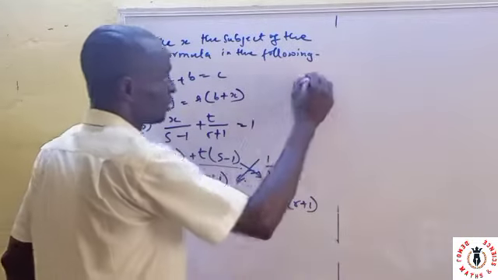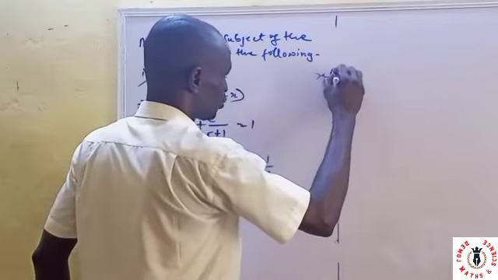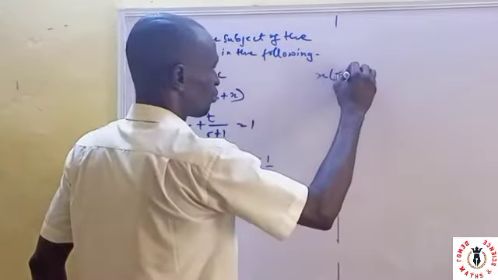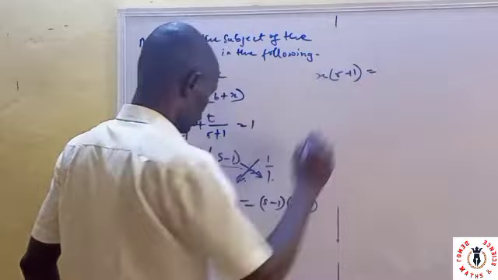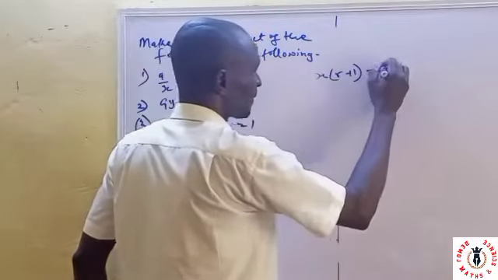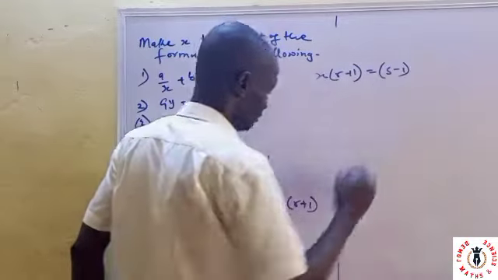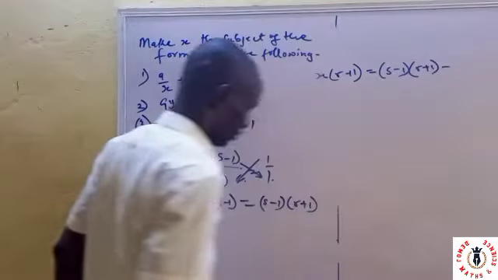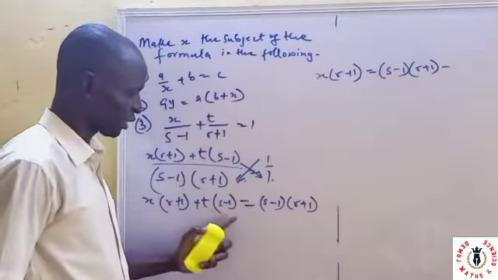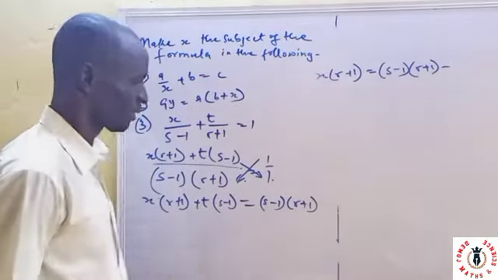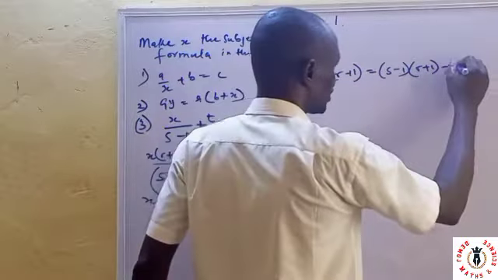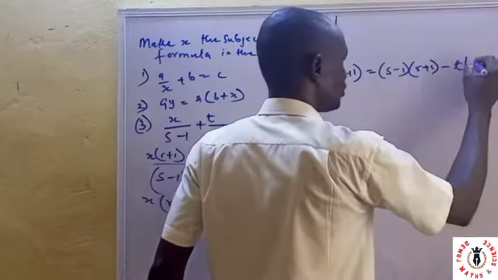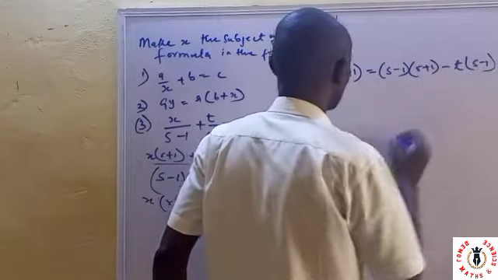This becomes x into r plus 1 is equal to s minus 1 into r plus 1 minus this t into s minus 1, which goes to the other side to become negative, minus t into s minus 1.